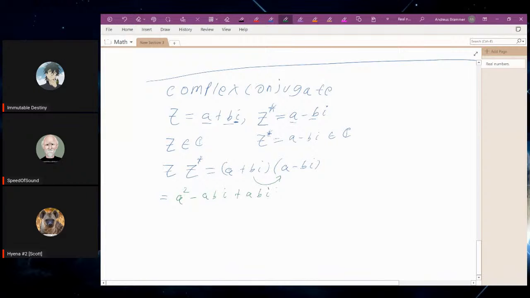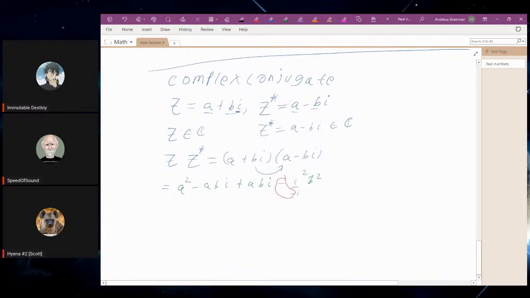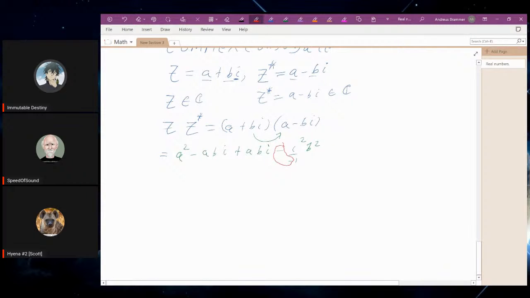And then b squared i squared, or bi squared, so minus i squared b squared. i squared is -1. These two negative ones, -1 times -1 is positive. And this becomes 0. So this just becomes a squared plus b squared.